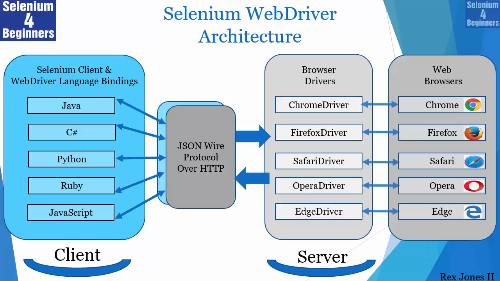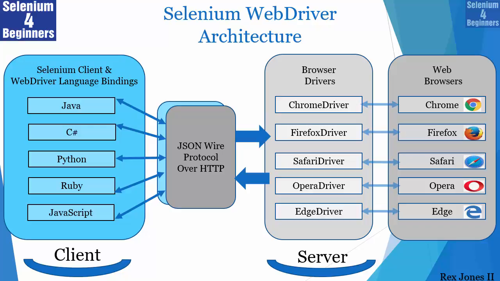Notice there is a 2-directional arrow between the browser drivers and web browsers. This is one of the reasons why Selenium executes our test script so fast. The browser drivers receive a request, and immediately the web browser executes that request.